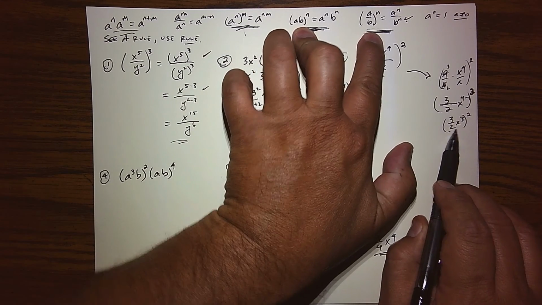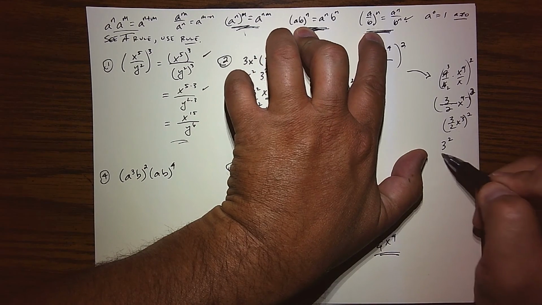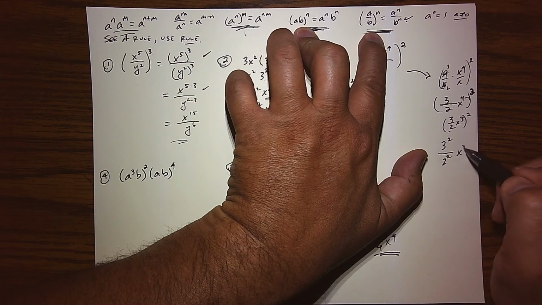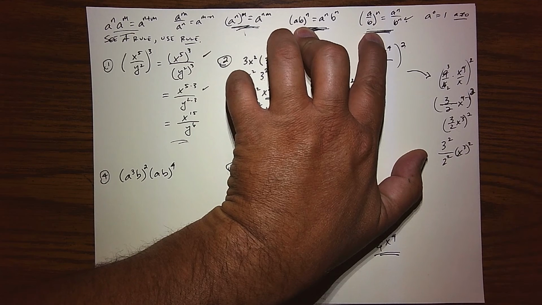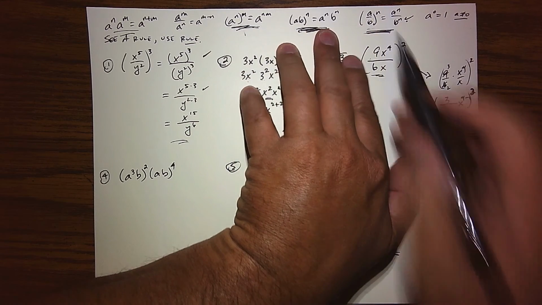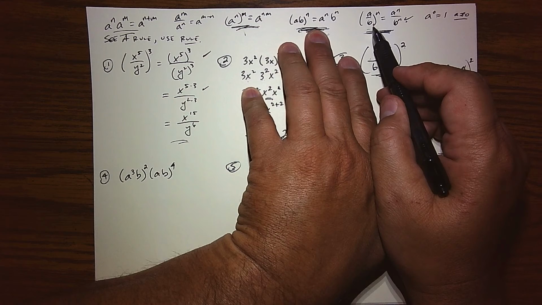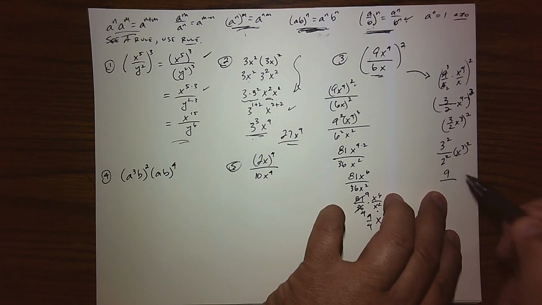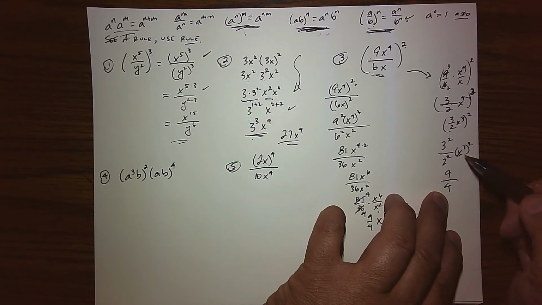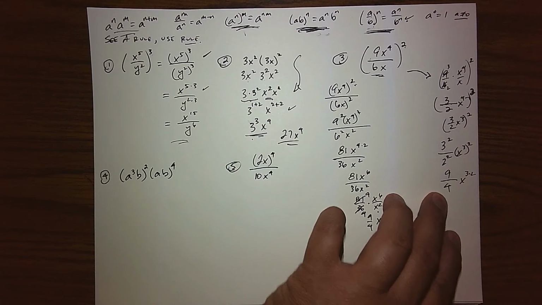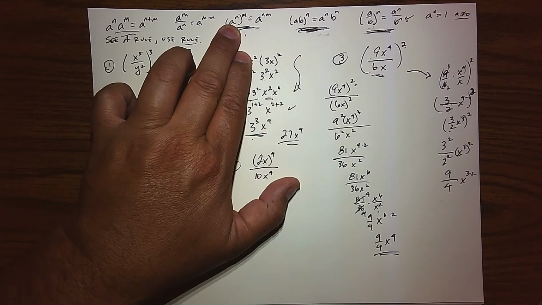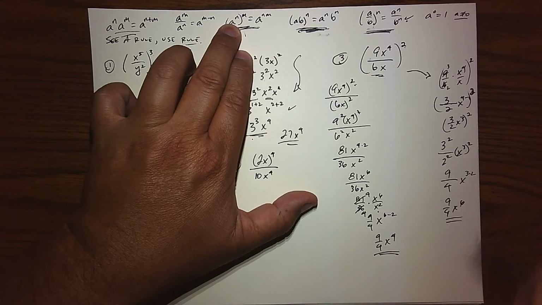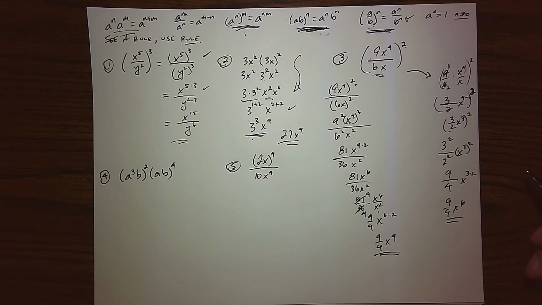So using both these rules, that means everybody gets hit: 3 gets squared, 2 gets squared, and x cubed gets squared, because of the power of a quotient and the power of a product. And then what ends up happening is 3 squared we know to be 9, 2 squared we know to be 4. Here we're multiplying my exponents, using the power of a power, and lo and behold, you end up with the same exact answer.